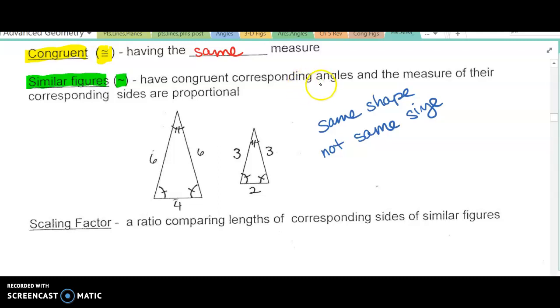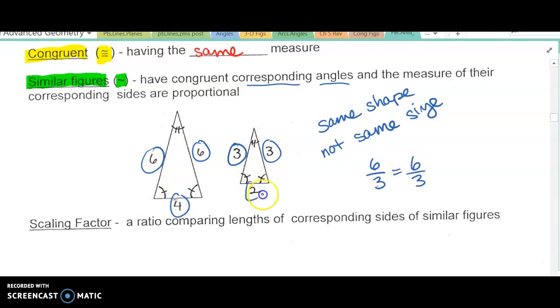So all their angles are congruent, their matchy-matchy angles are the same exact size, and their sides are what we call proportional. Remember what that meant is that the ratio of their matchy-matchy sides reduced to the same amount. So 6 is to 3, as 6 is to 3, as 4 is to 2, all of these reduce to 2 is to 1.